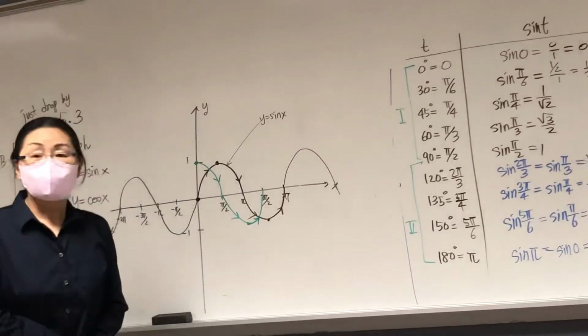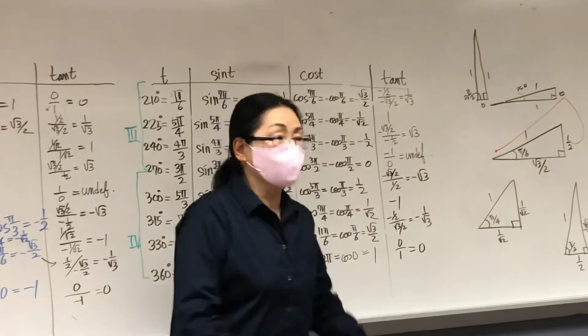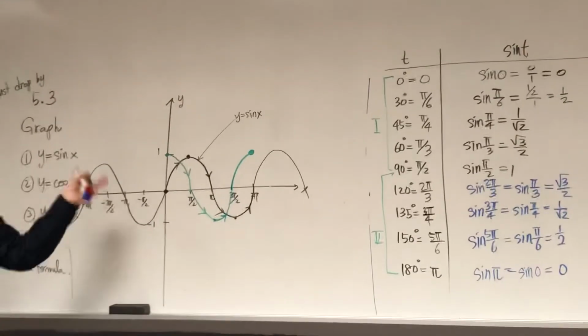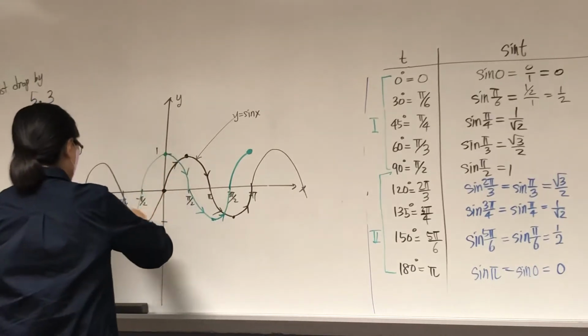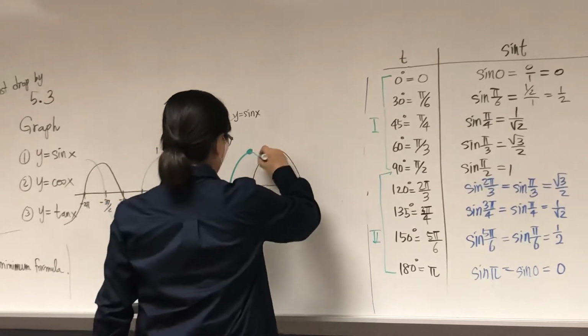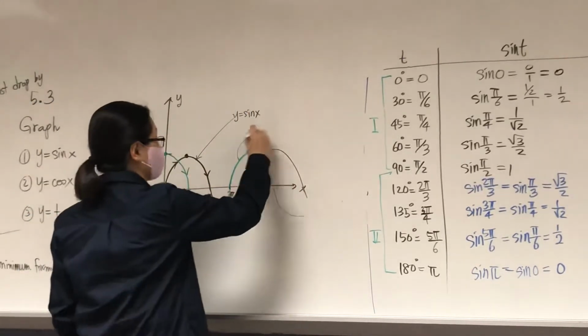And then fourth quadrant, 0 to 1. This is one cycle, and then the same pattern repeats, here, here, like this. This is the graph of cosine.